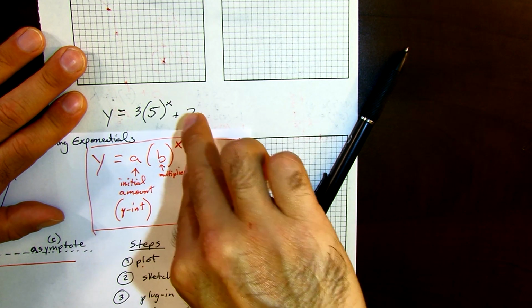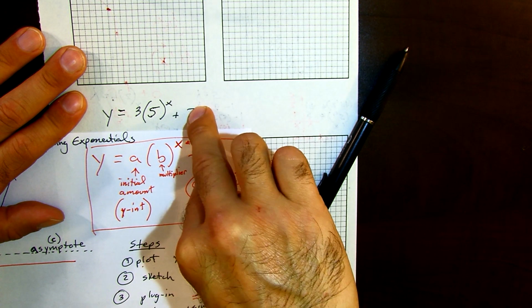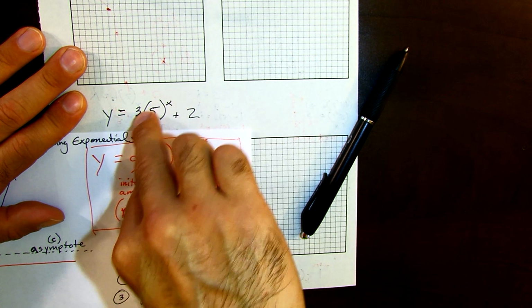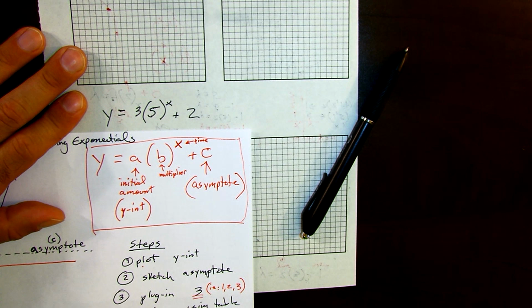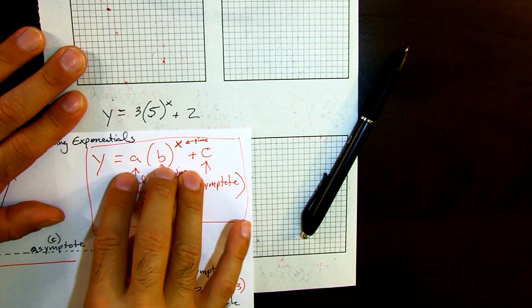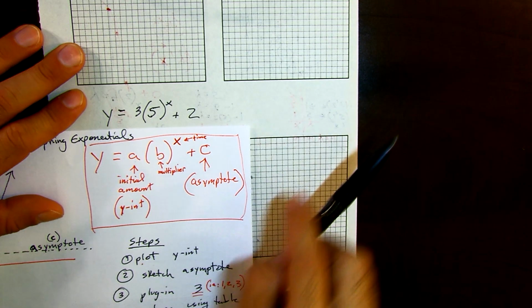You see the pattern? y is equal to some value times a base with an exponent, plus or minus some c. You see how they're aligned? It's helpful to look at it with spatial awareness, where the symbols are located.